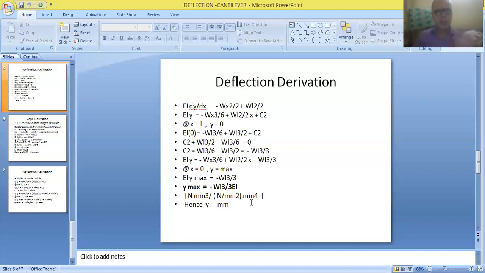By simplifying all these individual units, we will be left with millimeters. So deflection always has to be expressed in terms of millimeters. Friends, in the previous slide we got a formula for measurement of slope, and here we are getting the formula for measurement of deflection in the case of a point load acting on the cantilever.